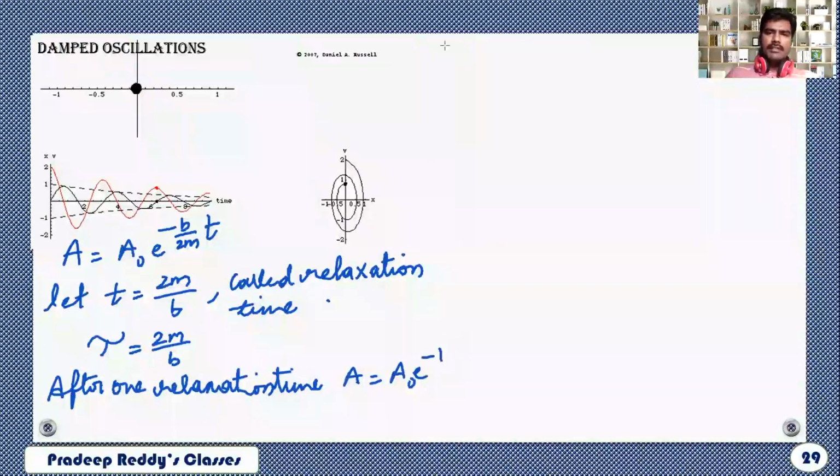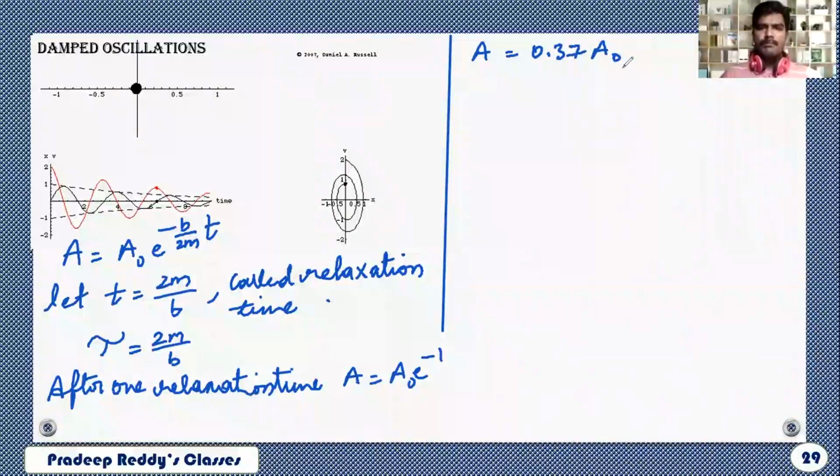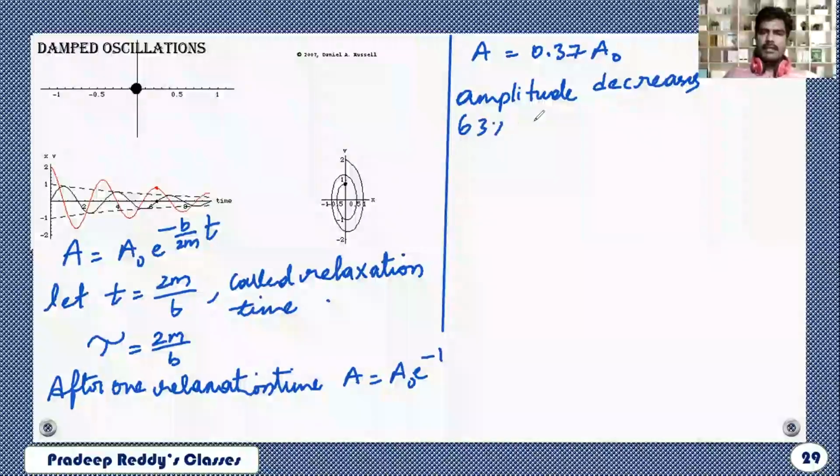That is, A is equal to 0.37 times A naught. So the amplitude decreases by 63% of its initial value. This is in case of amplitude.